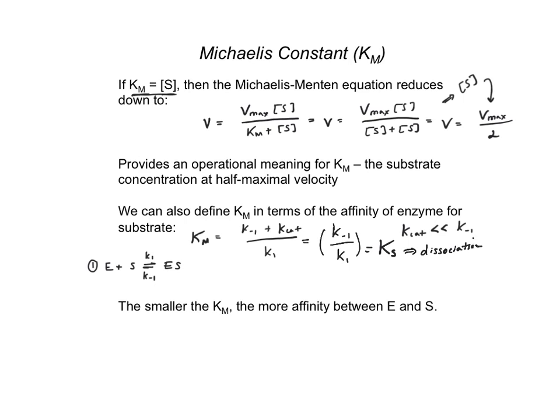And we can kind of think of Km in a similar term of this dissociation constant. So kind of in another type of meaning with respect to this, the smaller the Km, the more affinity our enzyme is going to have for substrate.